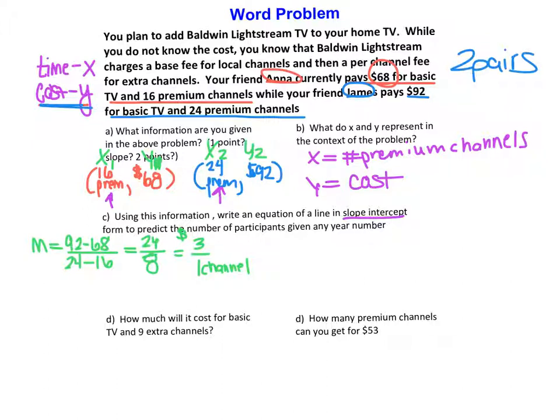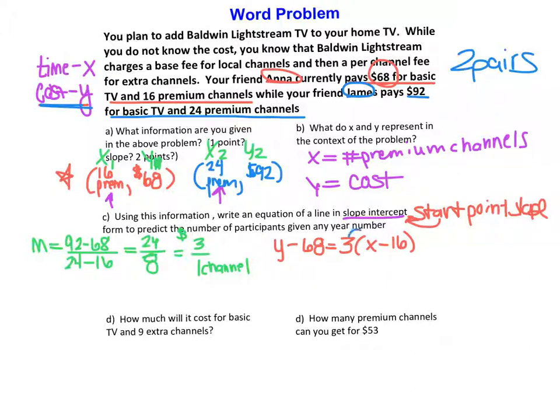Now I'm going to write my equation into slope-intercept form, but to start, remember we always start our equations in point-slope form. So here I'm going to write my equation into point-slope form to start. So I have y minus, I need to pick a point. I'm going to pick this first point here since the numbers are a little smaller. So I have y minus my y coordinate of 68 is equal to my slope of 3 times x minus my x coordinate of 16. So then from here, I'm now going to rewrite it into slope-intercept form now that I have the point-slope form.